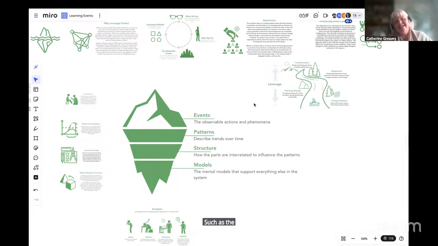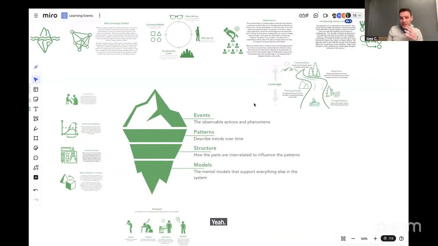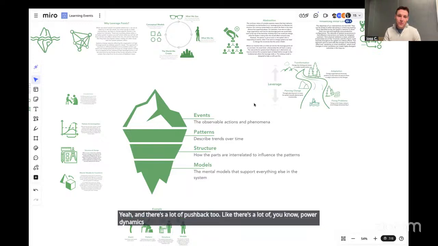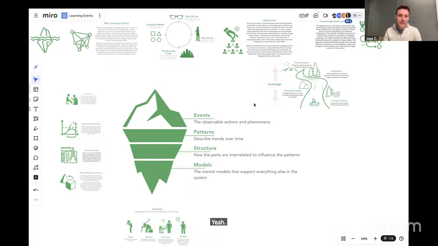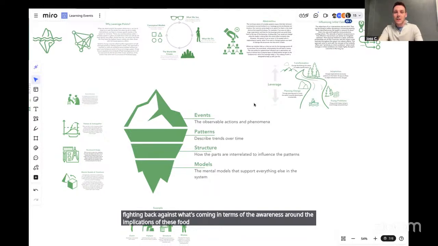It'd be interesting to see the iceberg going back to the obesity model that we looked at last week. Yeah, and there's a lot of pushback too. There's a lot of power dynamics going on here. The tobacco companies really fought back in the 80s, and the fast food and food industry is fighting back against the awareness around the implications of these food and beverages that aren't so good for us.